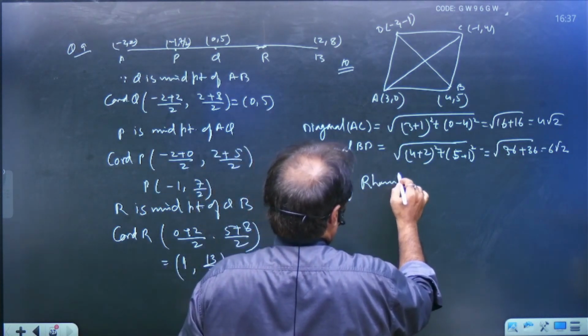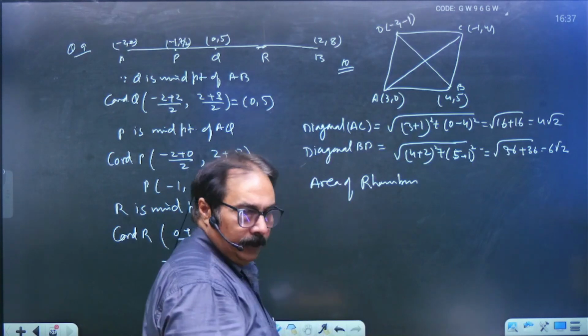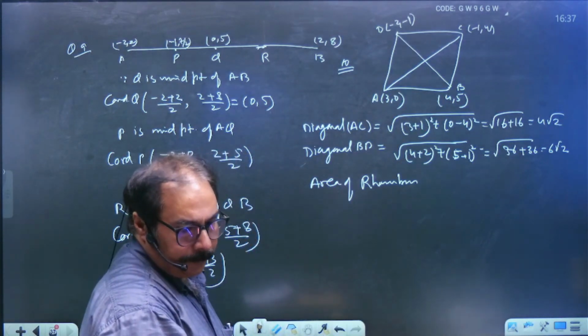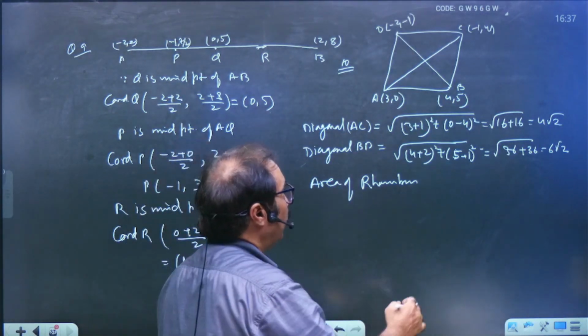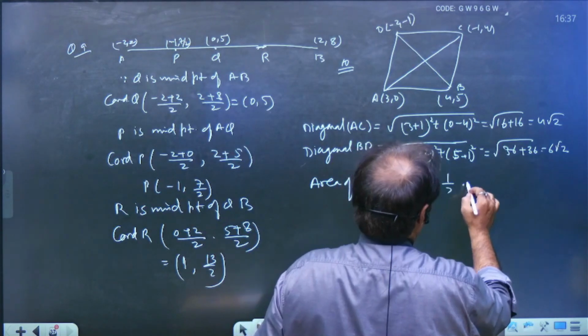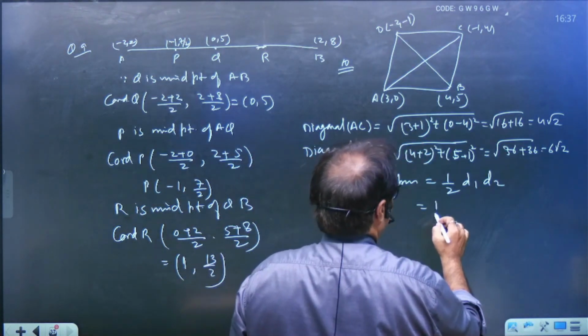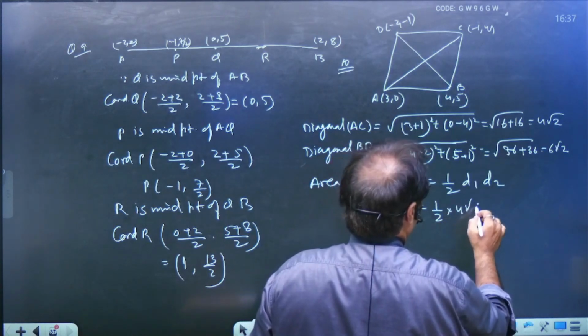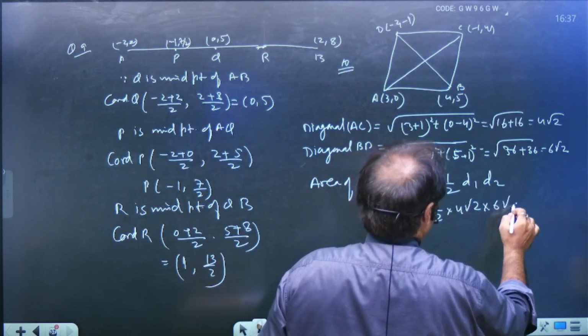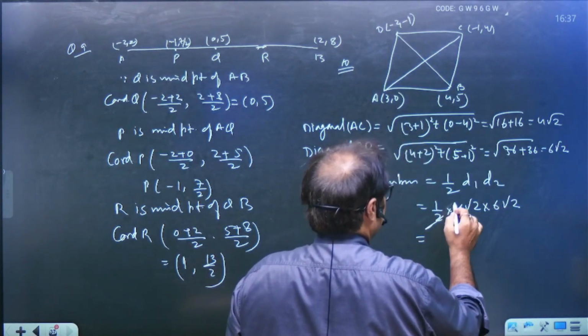Okay, now apply the formula. The area of the rhombus is equal to 1 by 2 d1 d2, the product of its diagonals. So 1 by 2, d1 is 4 root 2, d2 is 6 root 2. So we can cancel out.